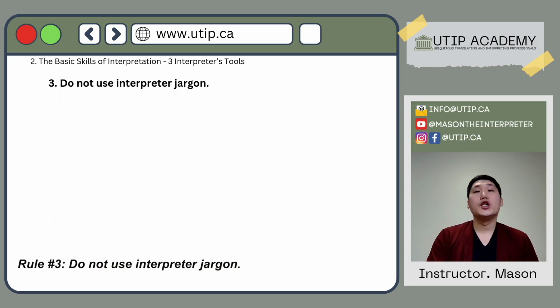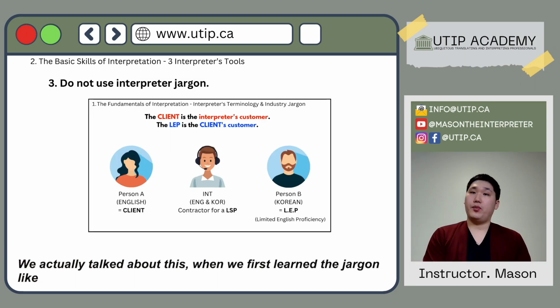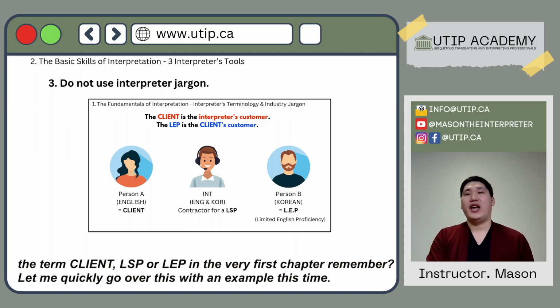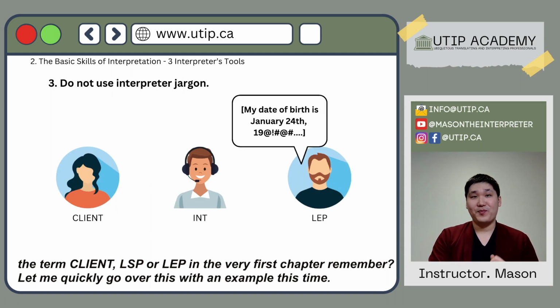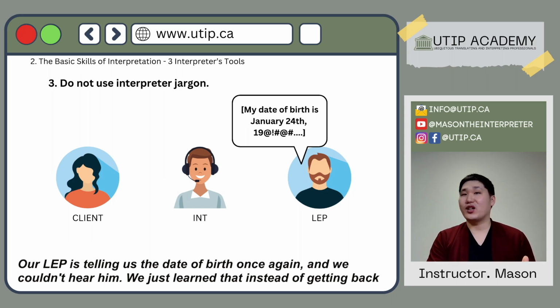Rule number 3, do not use interpreter jargon. We actually talked about this when we first learned the jargon, like the term client, LSP, or LEP in the very first chapter, remember? Let me quickly go over this with an example this time. Our LEP is telling us the date of birth, once again, and we couldn't hear it.